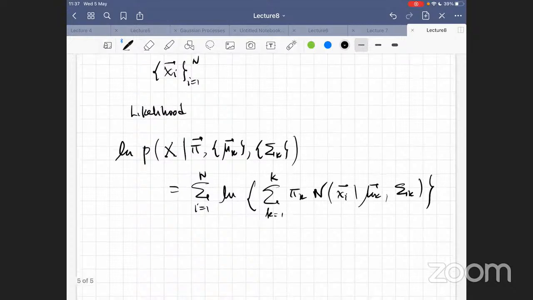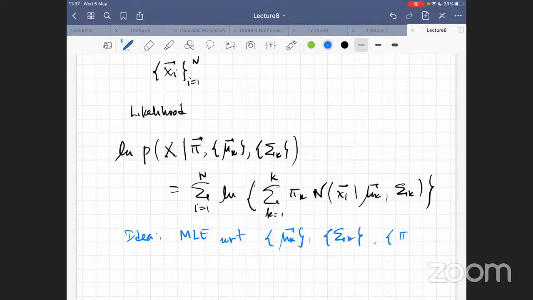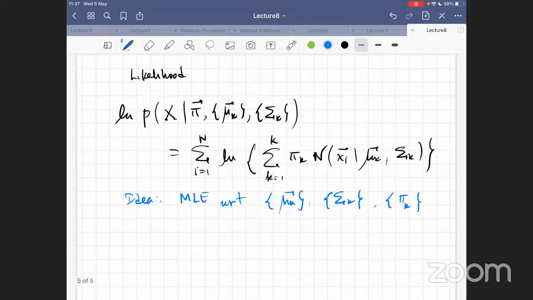And then the idea is just to say I can now do a maximum likelihood estimate with respect to the parameters of the model, with respect to mu k, sigma k, and also the pi k. That would be the way to go.